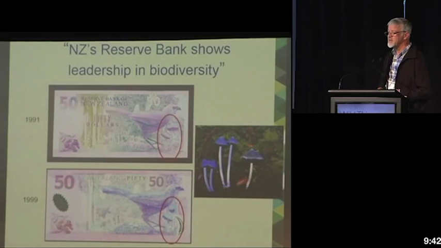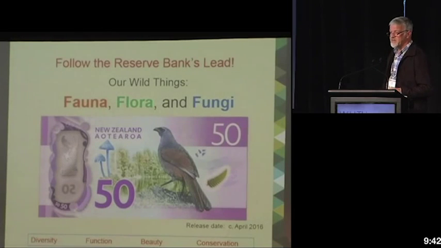In 1999, as an anti-counterfeiting measure, they did a bit of a disservice and they took out a little bit of the mushroom by putting in those ferns. But they're going to make amends because in April next year we will have a new $50 banknote design.